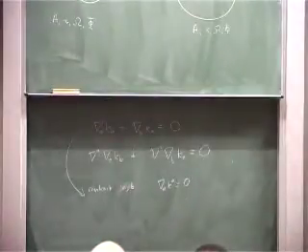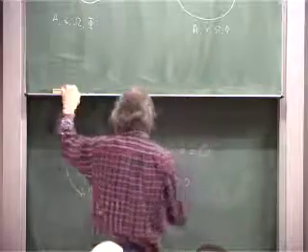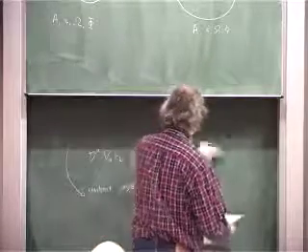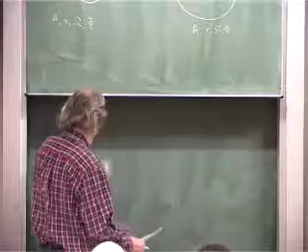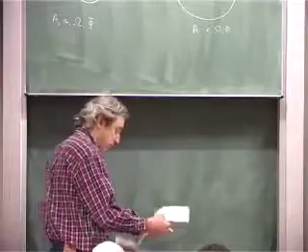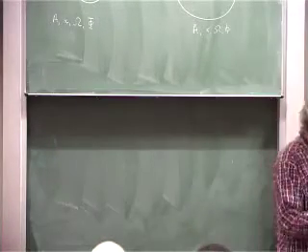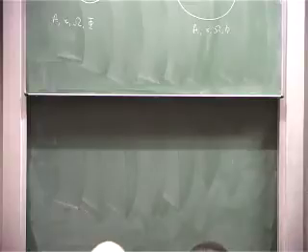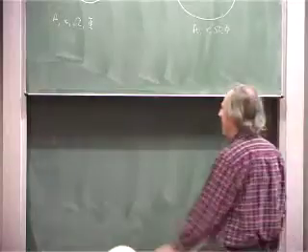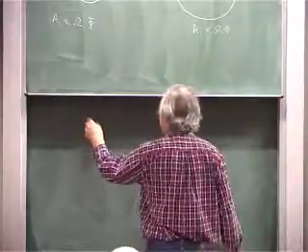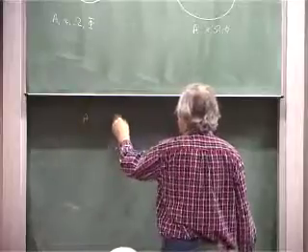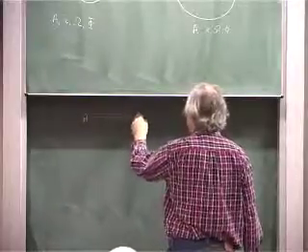So, I can now carry out the following calculation. And you will discover something miraculous happens. Let's consider A, the area of the event horizon, as a function of m and j and q.